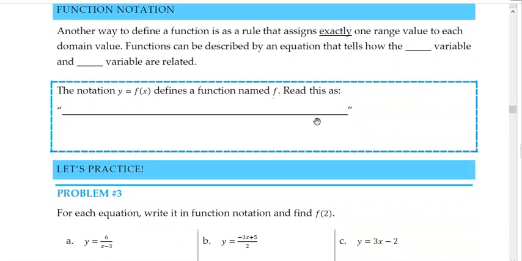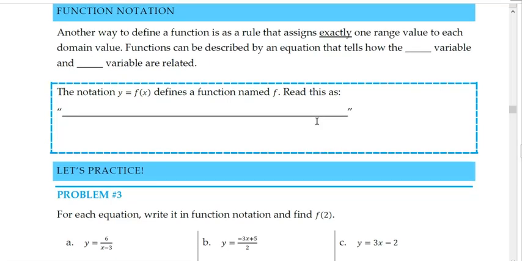All right, so we also need to talk about something called function notation, right? So we said earlier that a function is a rule that assigns exactly one range value to each domain value. And they can be described by an equation that tells how the x variable and the y variable are related.